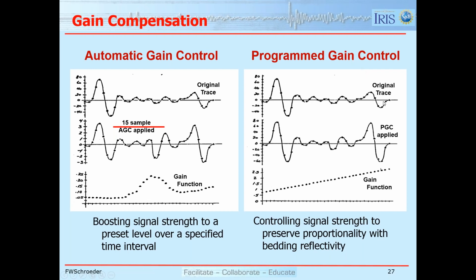Here's the input trace again. It's the same one as on the left. We're going to gain the section as a function of depth, but we're going to do it linearly. And so the deeper things have been increased in amplitude relative to the shallow, but we've preserved the overall sense that we have a low amplitude zone in the center.